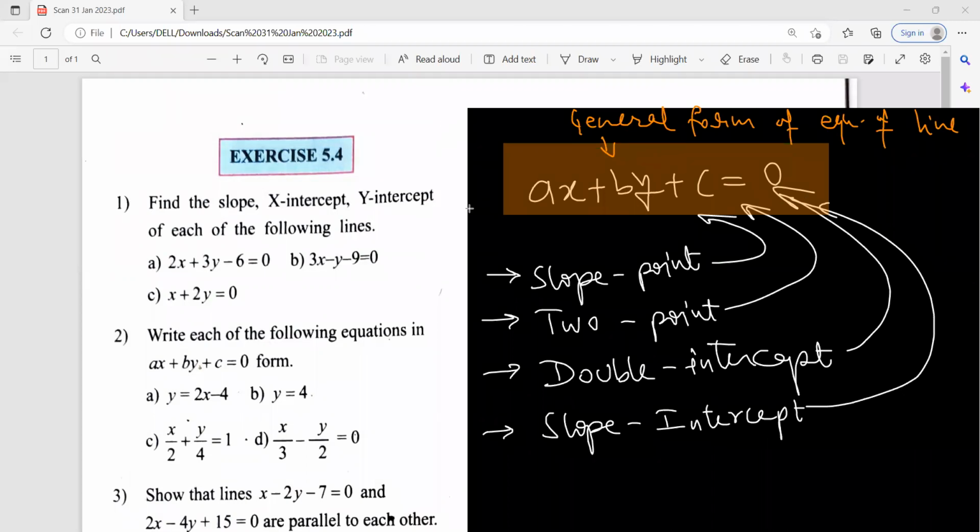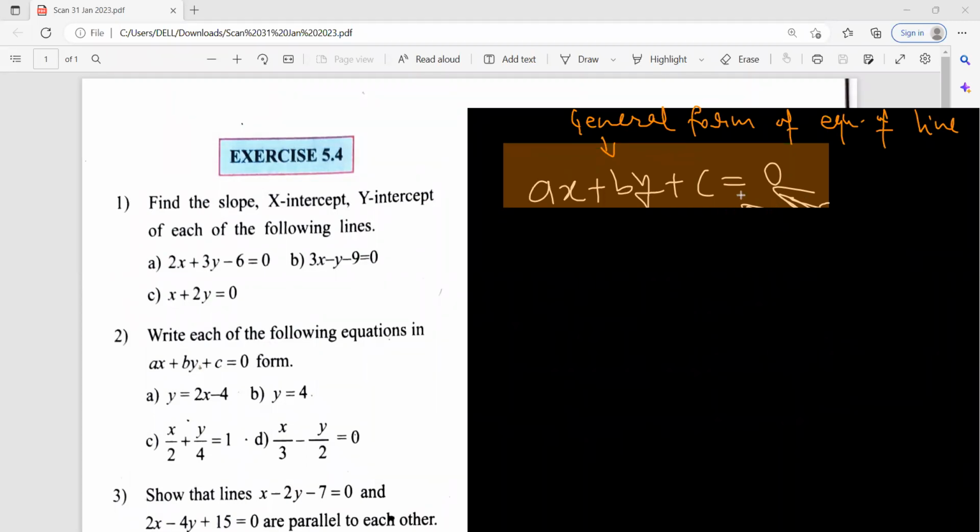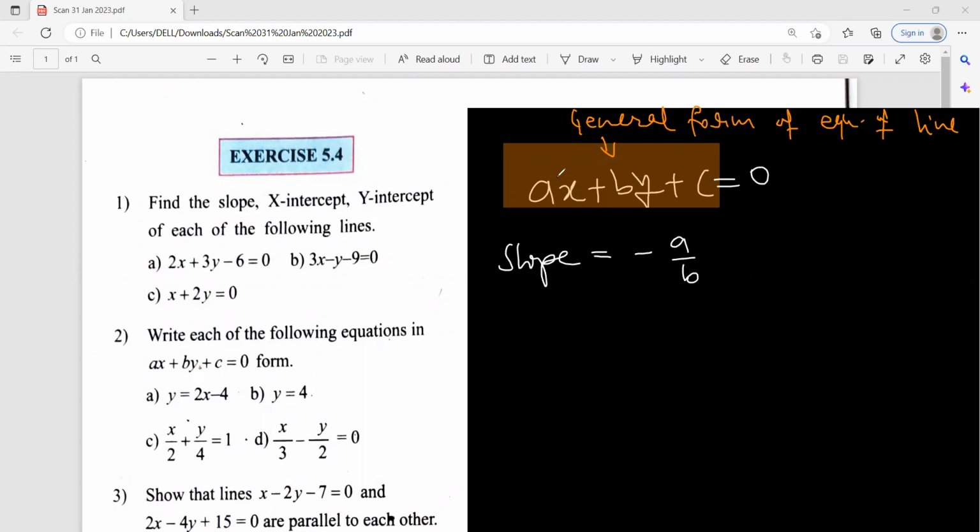We also learned that when you write the equation of a line in general form ax plus by plus c equals to 0, then for that line the slope is minus a upon b, that is negative of x coefficient divided by y coefficient, minus of a upon b.